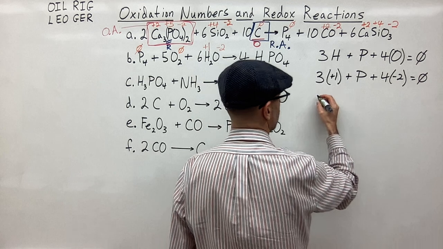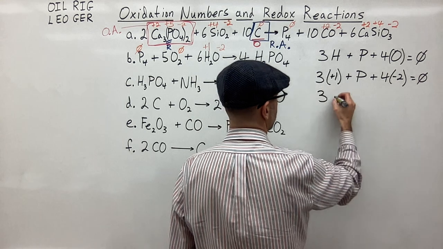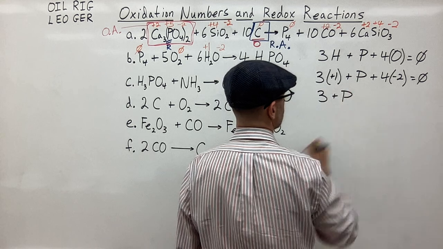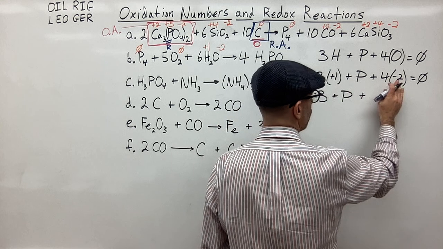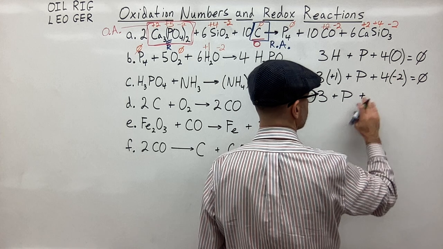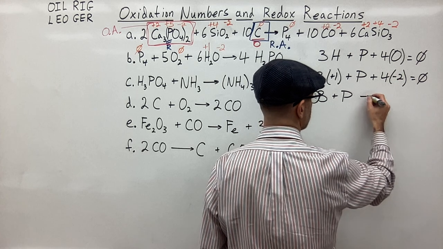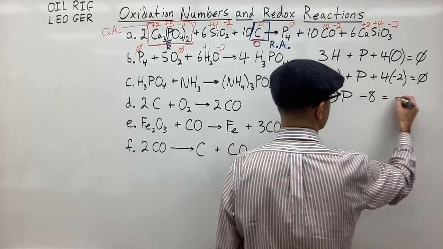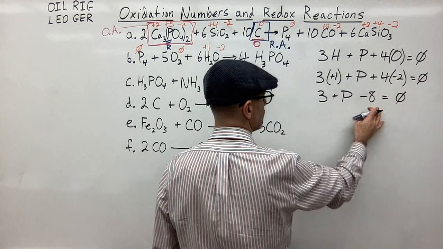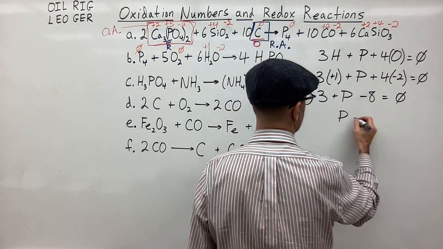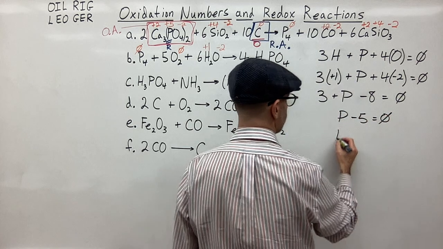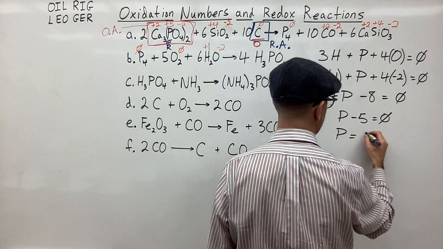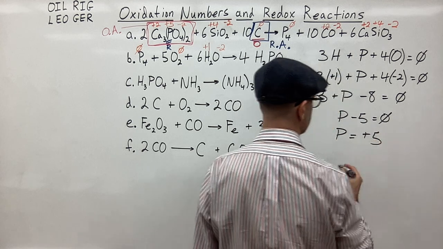So this is going to be 3 plus the oxidation state of phosphorus plus -2 times 4, which is -8, equals 0. Add these together, we get P minus 5 equals 0. And then we solve for P, so P is going to be plus 5.